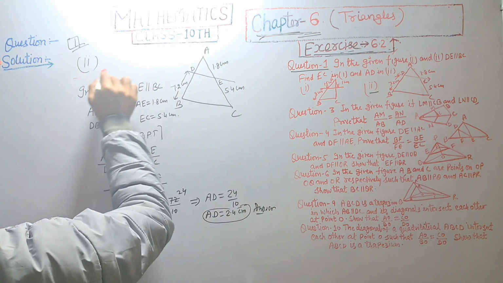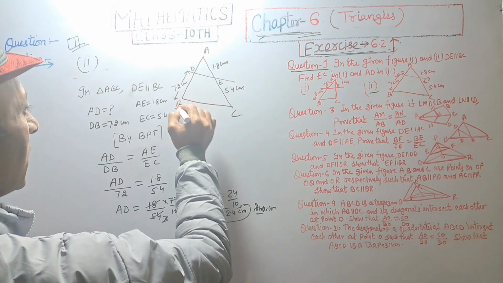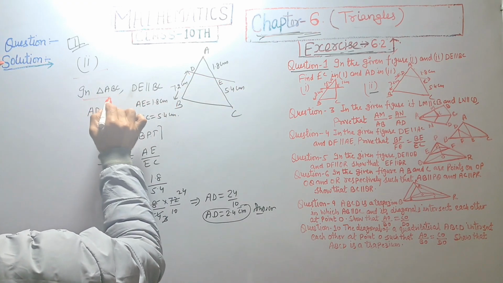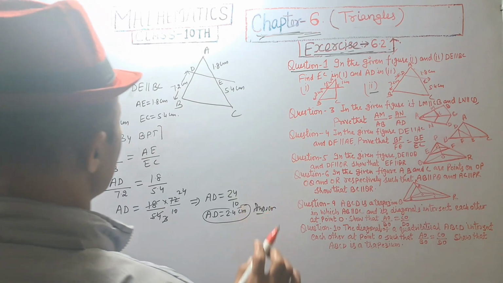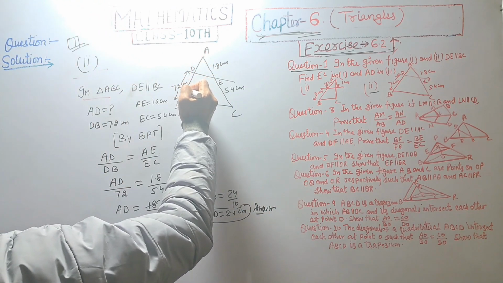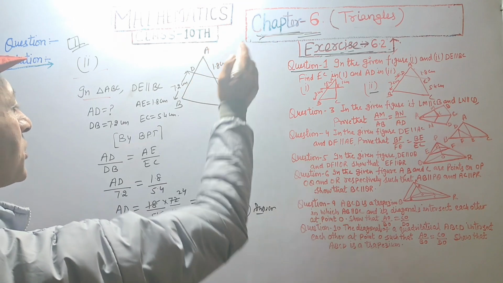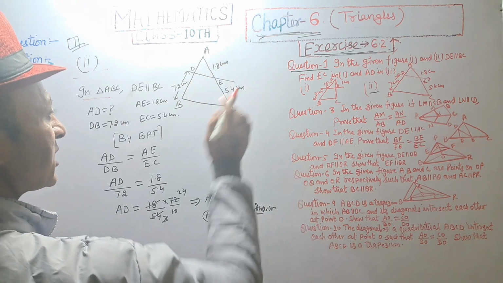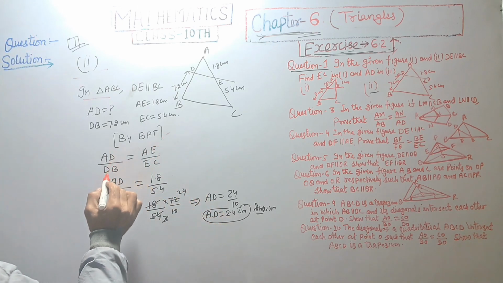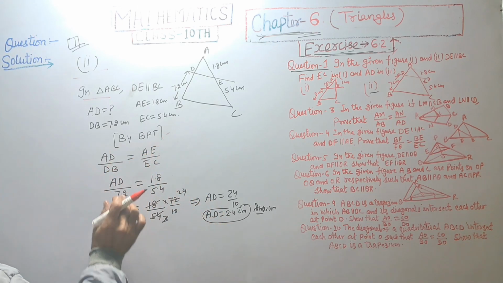Second part, in triangle ABC, DE is parallel to BC. AD we want to find, DB is 7.2 centimeter, AE is 1.8 centimeter and EC is 5.4 centimeter. By basic proportionality theorem, AD upon DB is equal to AE upon EC.